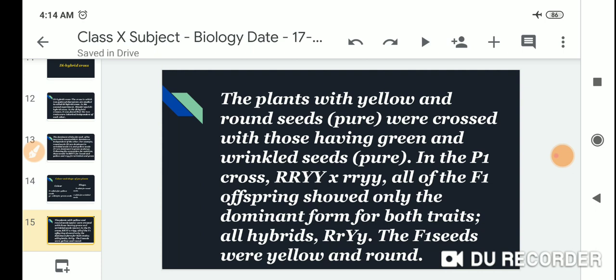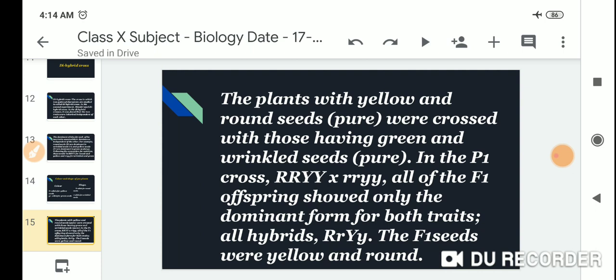The plants with yellow and round seeds are pure, and they were crossed with those having green and wrinkled seeds, also pure, in the P1 cross.